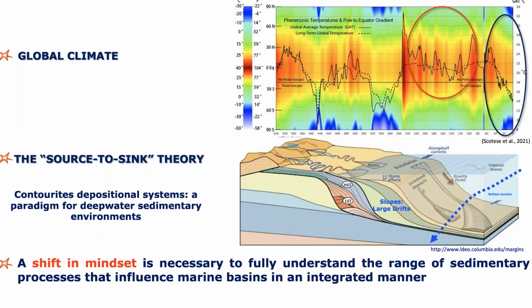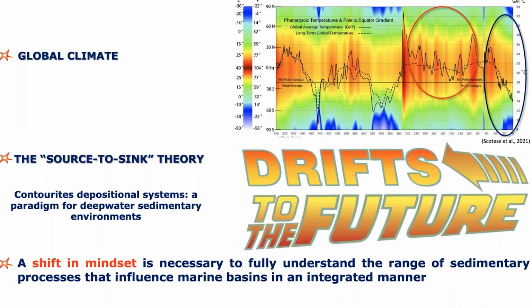And for me, the key message from this talk is that we need a mindset shift to fully understand the influence of these water masses and oceanographic processes in the deep-water setting. And we have to include drifts in future models.